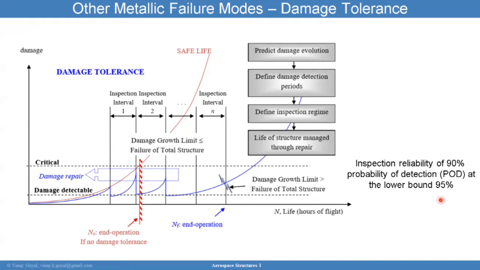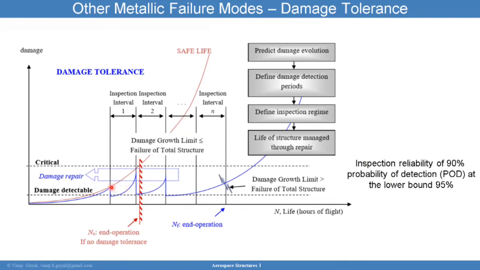So out of 100 samples, I want to be able to detect a flaw of that size 90% of the time. And so we want to make sure that the inspection technique you use is able to detect those flaws.